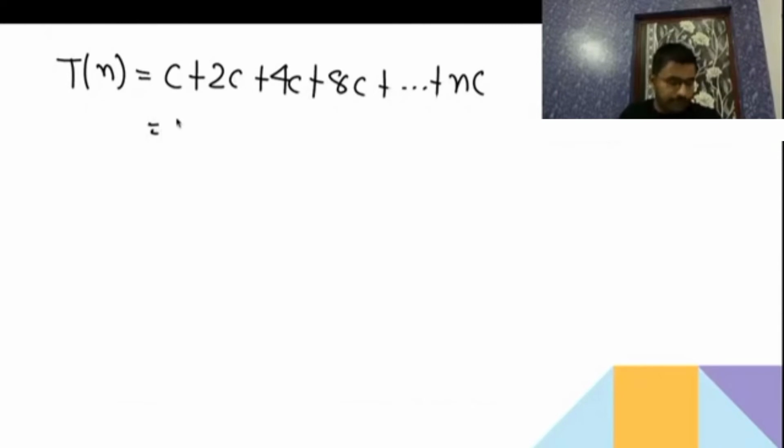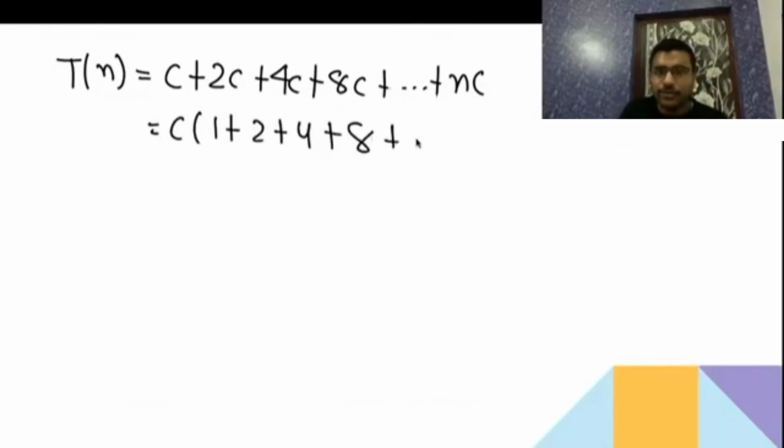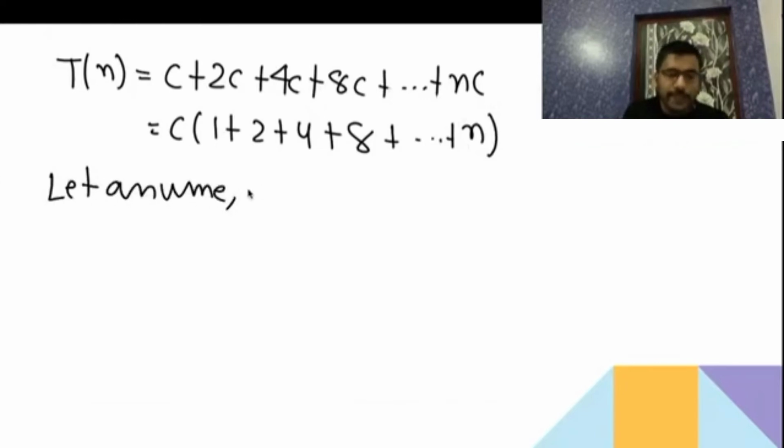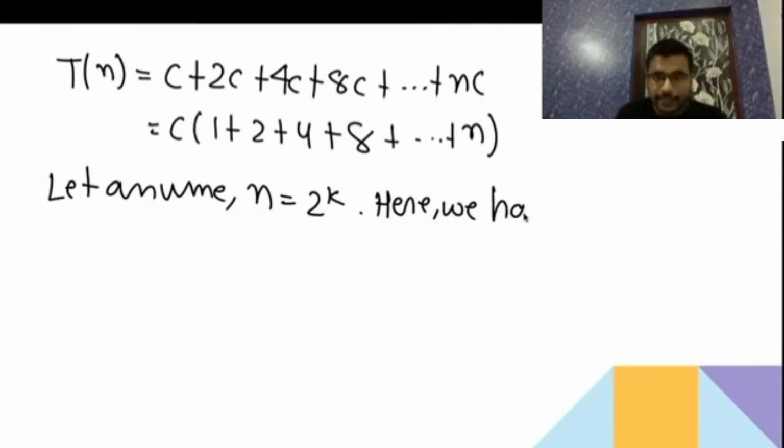Okay, so you can take c as common. Then 1 plus 2 plus 4 plus 8 plus, and you know that n is going to be some number as a power of 2. So before writing that, let's assume n equal to 2 to the power k. Here we have taken this, you should write because this is the first problem.